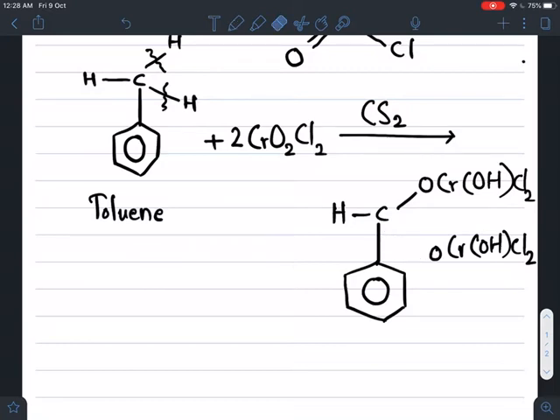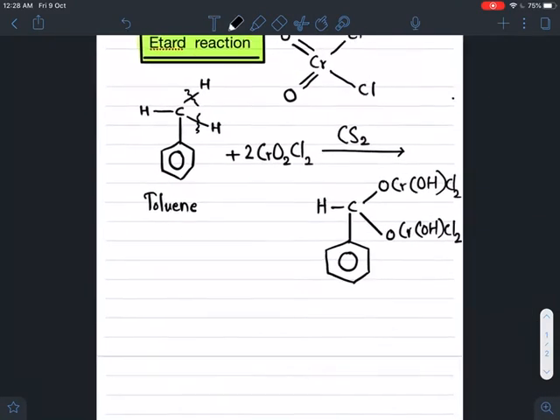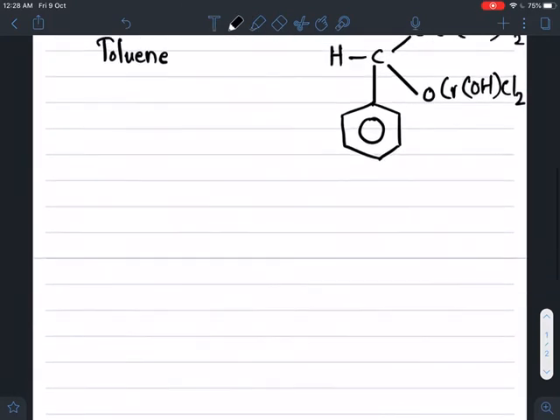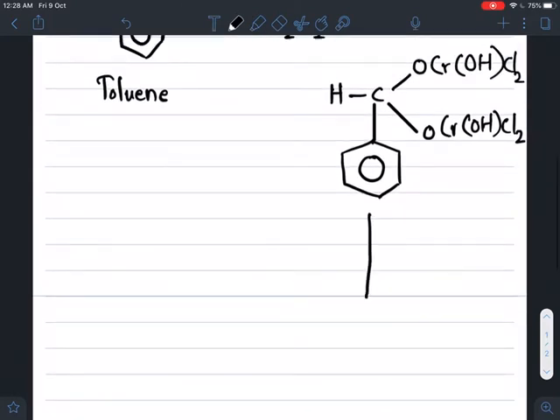The intermediate complex formed is nothing but a chromium complex, which on further treatment undergoes acid hydrolysis. Acid hydrolysis means addition of water takes place. The breakdown of water always gives H plus and OH minus, or simply we can write H3O plus.